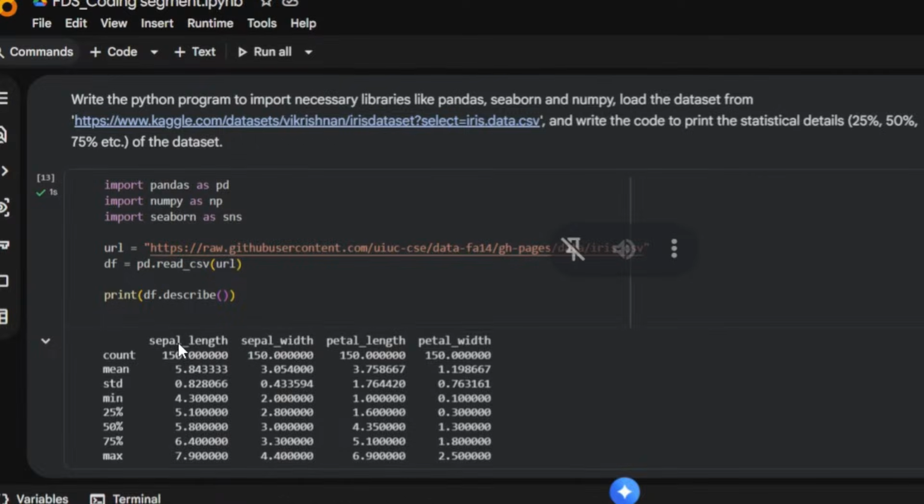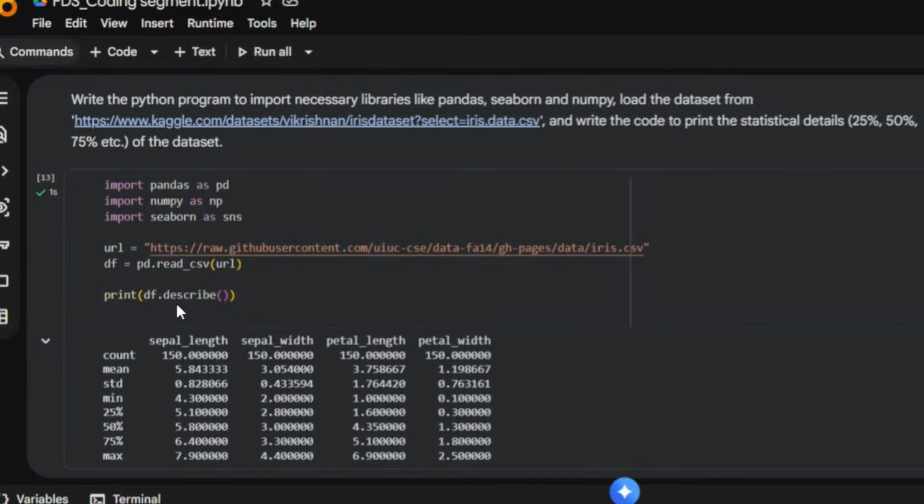In this data set, there are four features: sepal length, sepal width, petal length, and petal width. For all these features, it will give all the statistical data: count, the mean, standard deviation, minimum value, 25th percentile, 50th percentile, 75th percentile, and maximum value. Everything it will give.